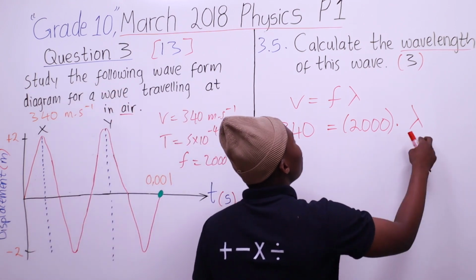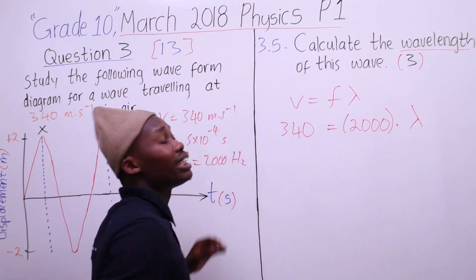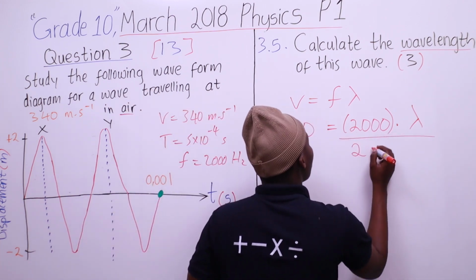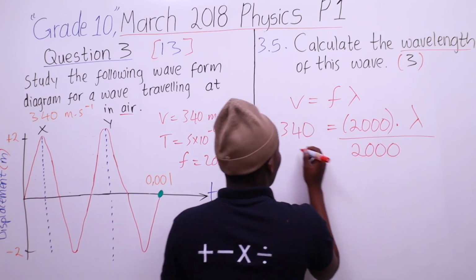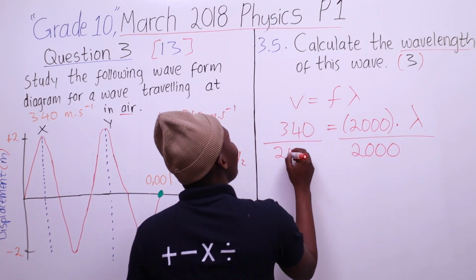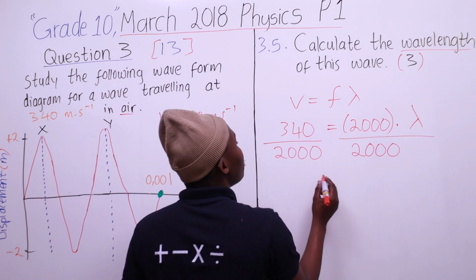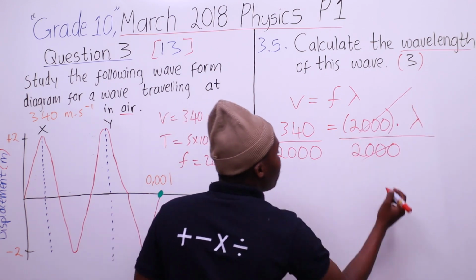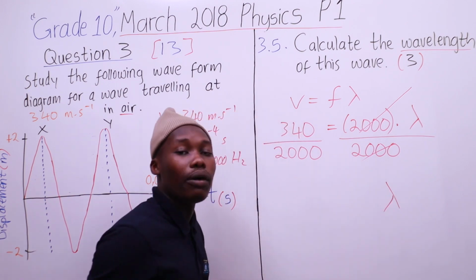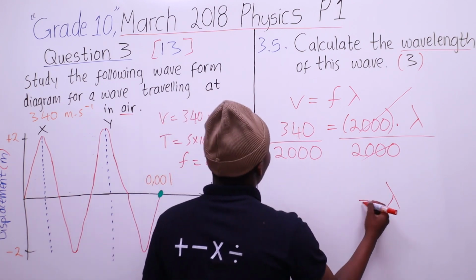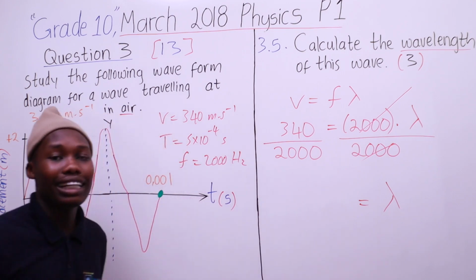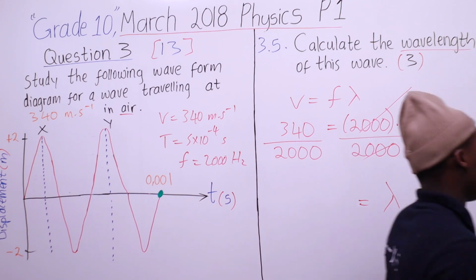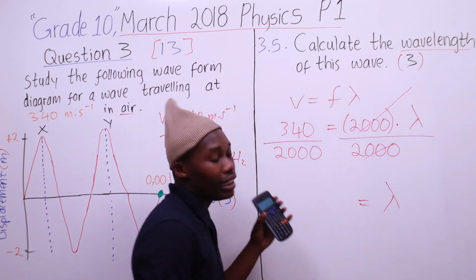So 2000 multiplied by the wavelength gives us 340. So now we will divide by 2000 on both sides because this is an equation. We are left with lambda, which is our wavelength. So we calculate this. On the calculator, you check is it in the right settings.